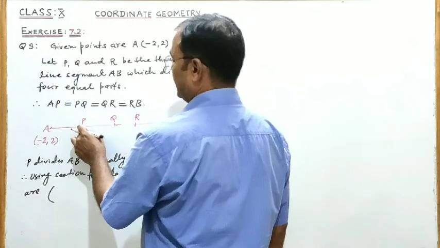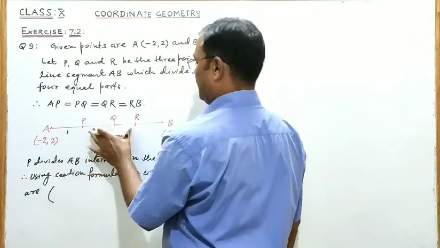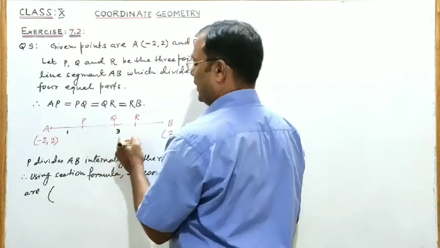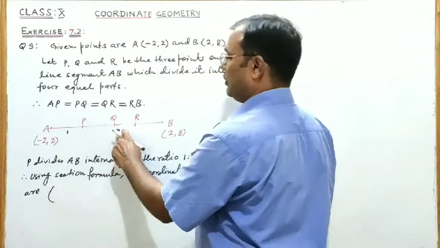So for this point P, AP is one part and PB is three parts. So m1 is 1, m2 is 3.